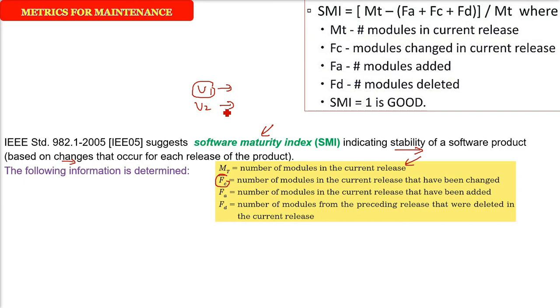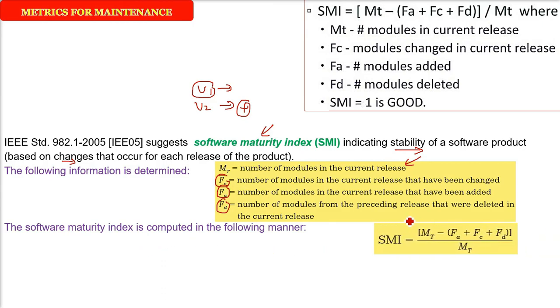FA is the number of modules in the current release that have been newly added. FD is the number of modules from the preceding release that were deleted in the current release. So the SMI is computed like this: MT minus (FC plus FA plus FD), divided by MT.